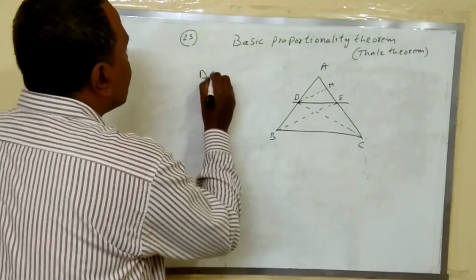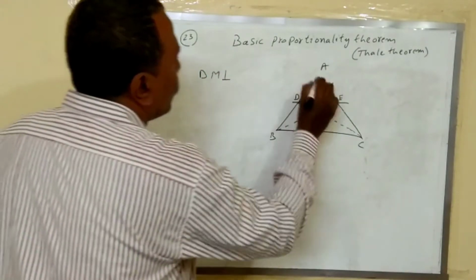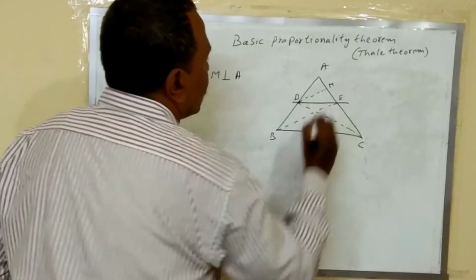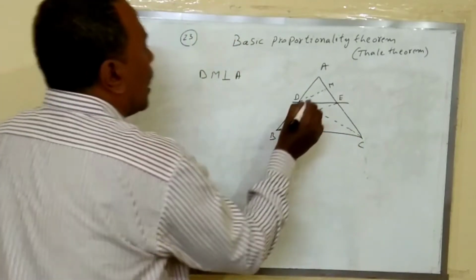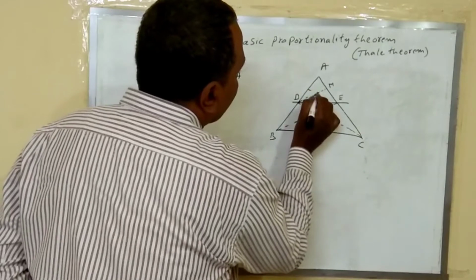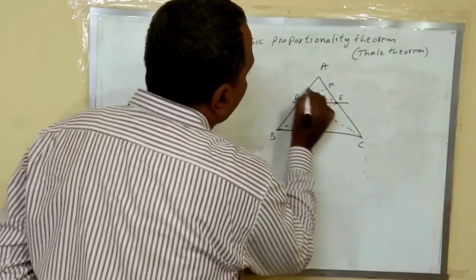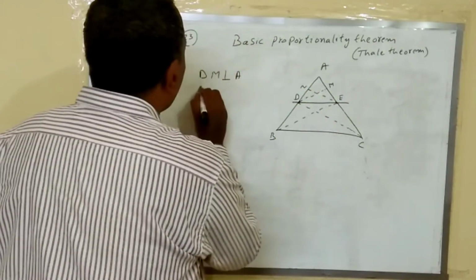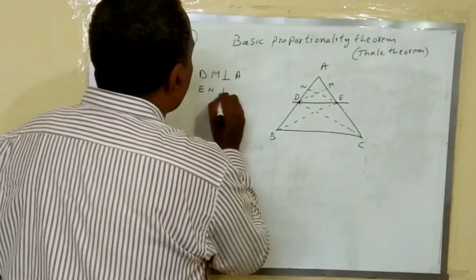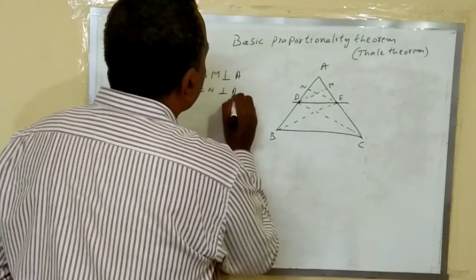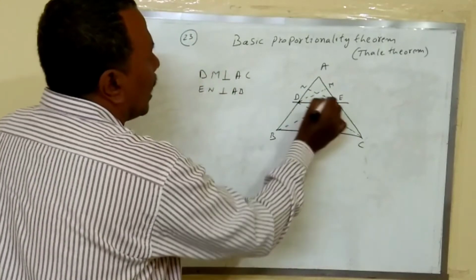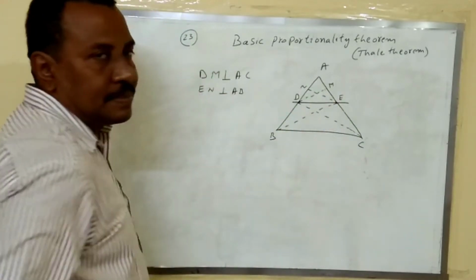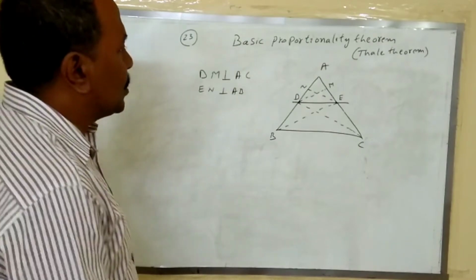DM is perpendicular to AC. Okay, you draw a line DM perpendicular to AC, and another line EN perpendicular to AB. Here DM is perpendicular to AC and EN is perpendicular to AB. So this is what you have to do.